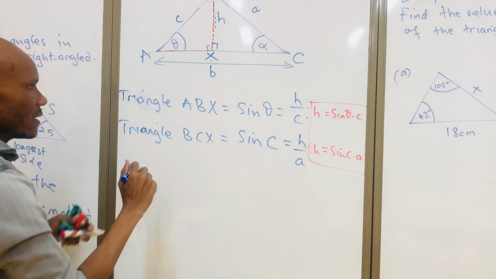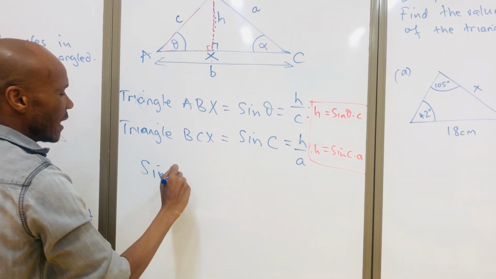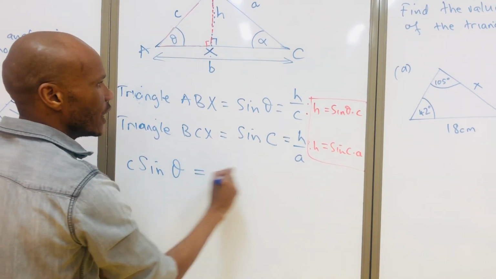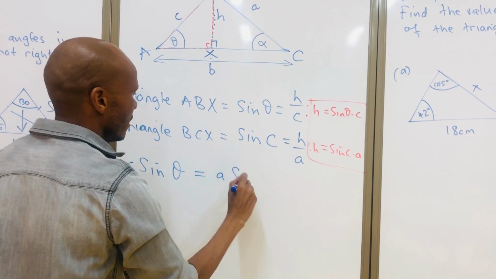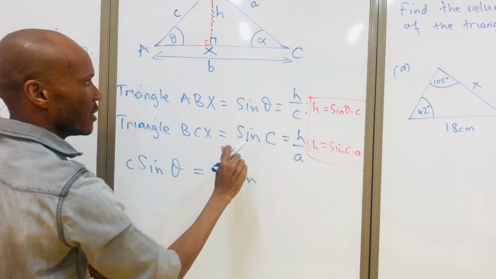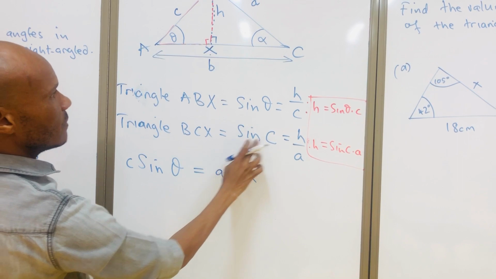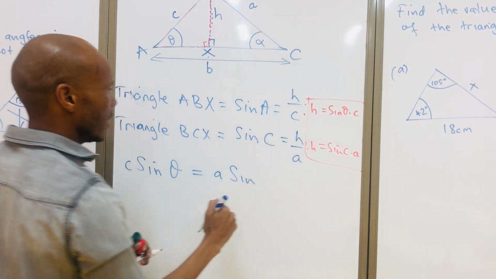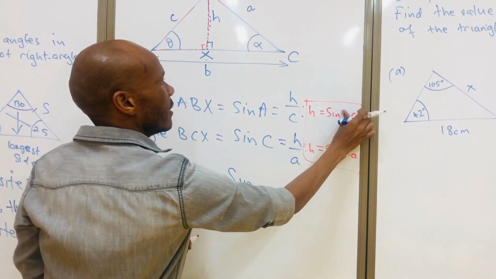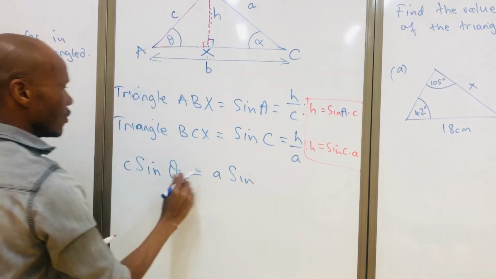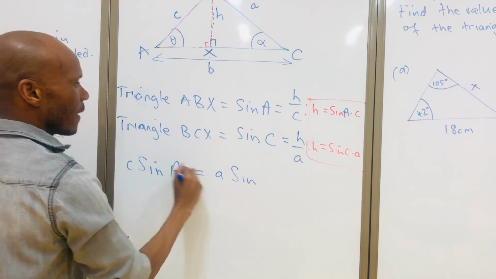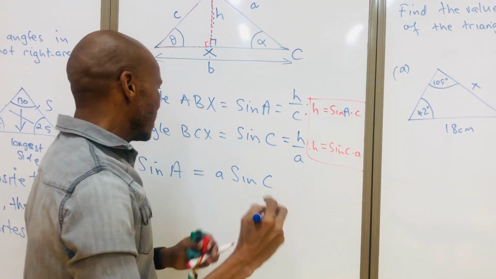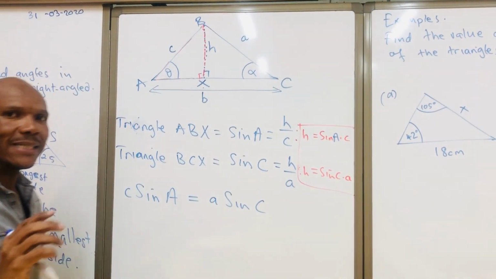So let me put them like this. That would mean c sine A is equal to a sine C. Let's change theta for A, sorry. But now we want to maintain the relationship.